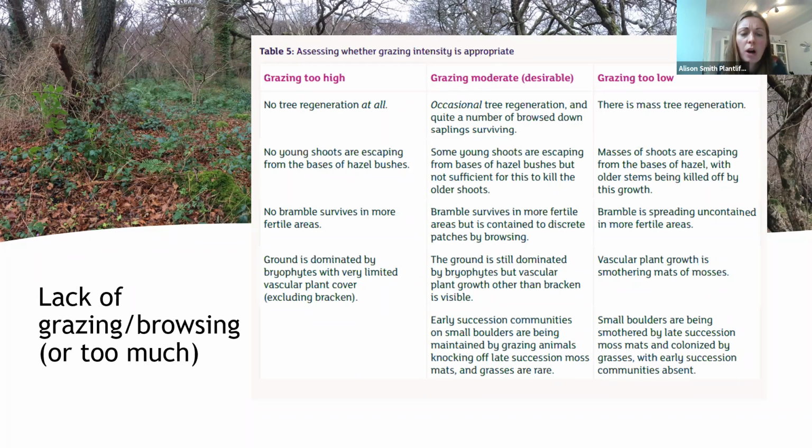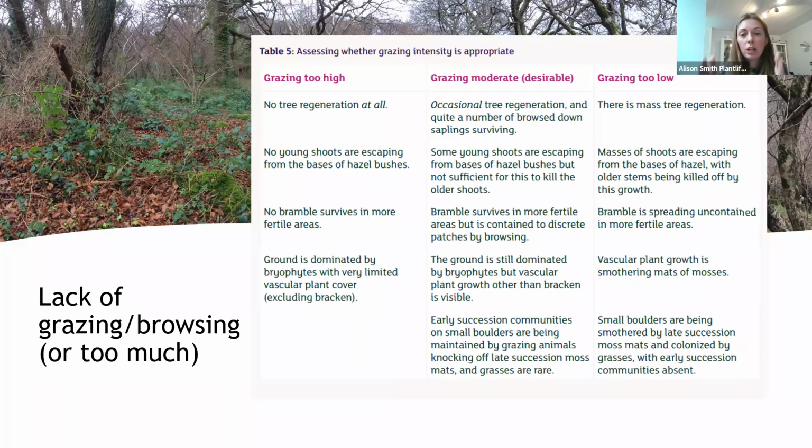If the grazing's too high, we would expect to see very limited vascular plant cover, except for perhaps bracken, and no patches of bramble surviving at all. If the grazing's too low, we have this mass regeneration, we have bramble throughout the woodland, and vascular plant growth dominating, and we don't have that bryophyte carpeting the floor.